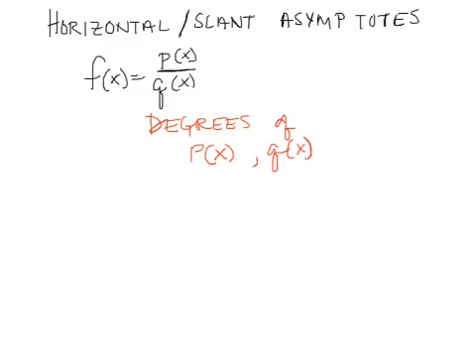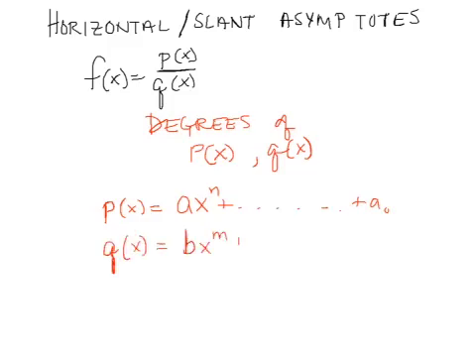If P of x starts with a x to the n, and then goes down to a constant, and Q of x we'll just use b x to the m all the way down. What we are focusing in on is this relationship right here.